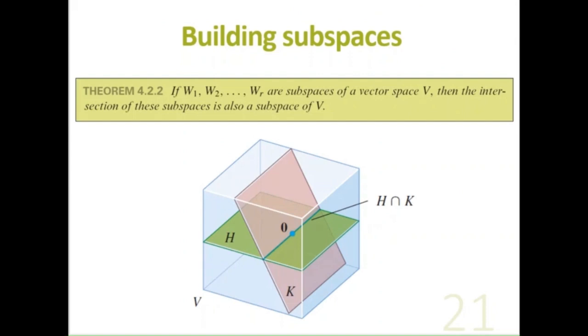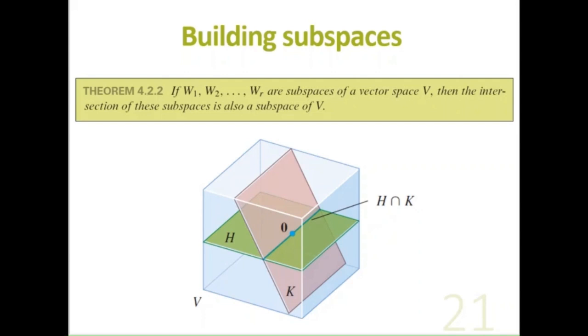Now, we're not going to go through and prove it, but I did want to introduce you to theorem 4.2.2. It provides a useful way of creating a new subspace from known subspaces. Theorem 4.2.2 says if W1, W2, all the way through WR are subspaces of a vector space V, then the intersection of these subspaces is also a subspace of V. So that's cool.